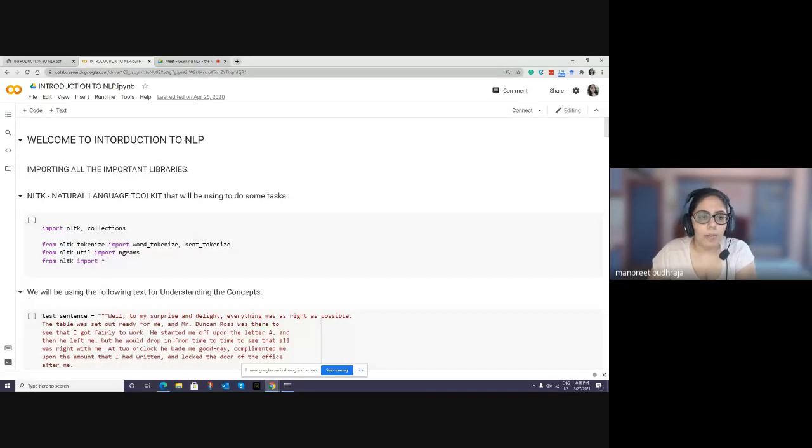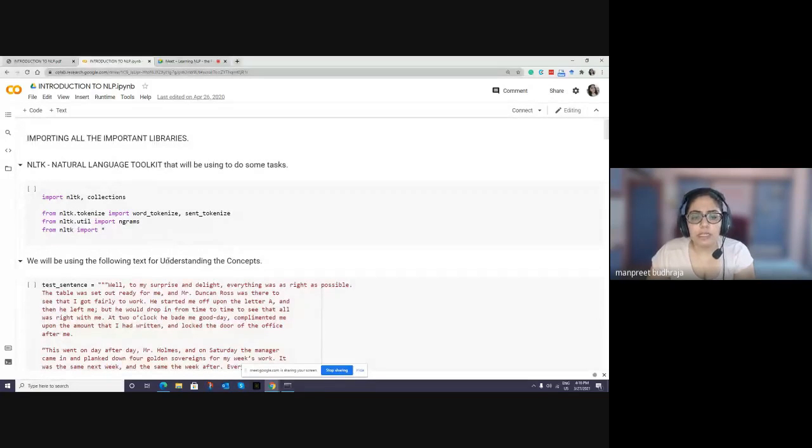We have this library NLTK, which is Natural Language Toolkit, the most used library to pre-process your data. We are importing the word tokenizer, the sentence tokenizer, and the n-grams from it, which we'll study further.